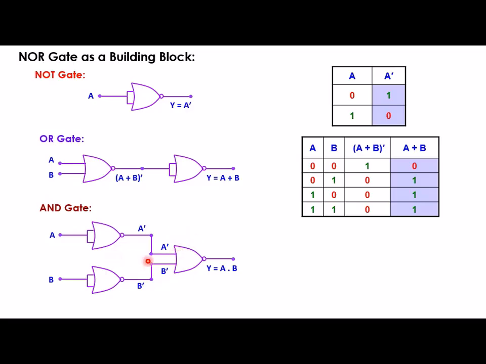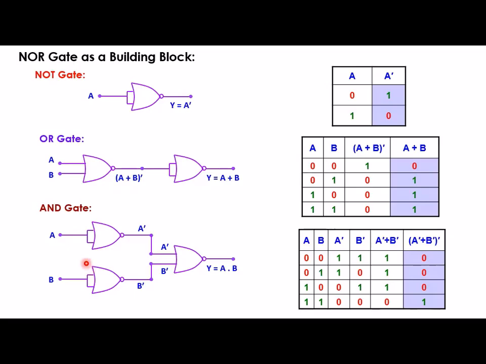So if I write the truth table for this, this is input A, this is input B, which are given to two NOT gates that we have realized using a NOR gate. So the outputs will be A complement and B complement, which are again fed as two inputs to another NOR gate here.